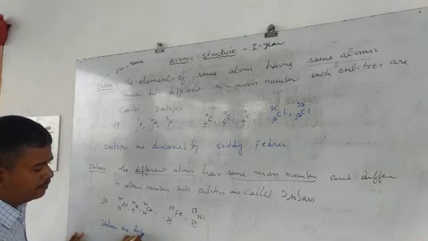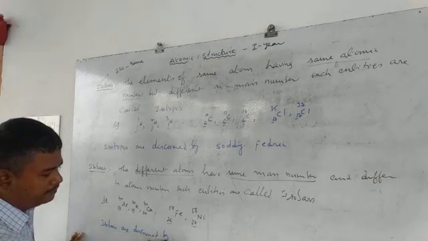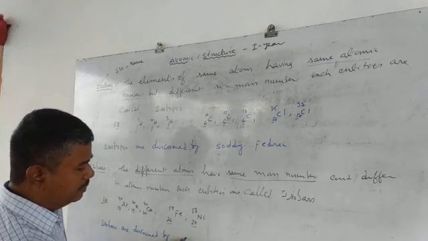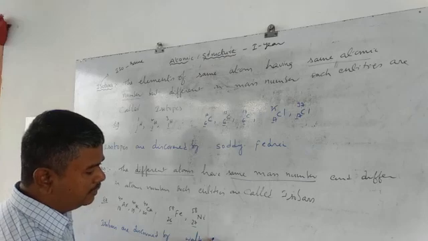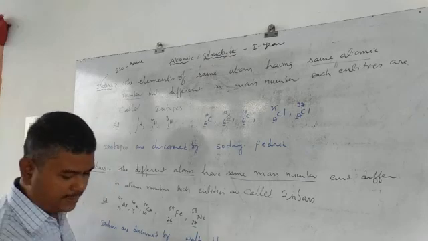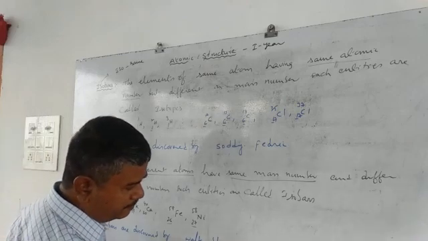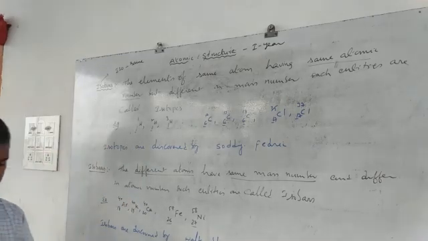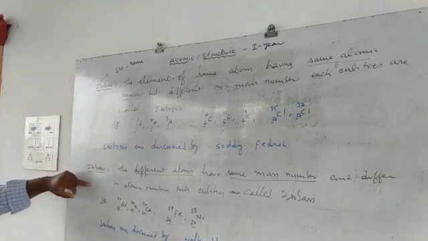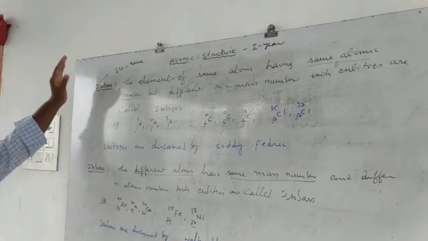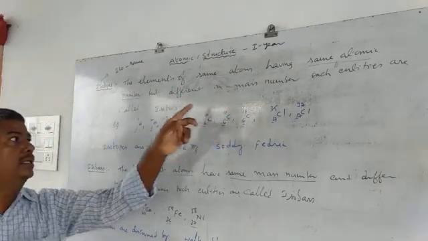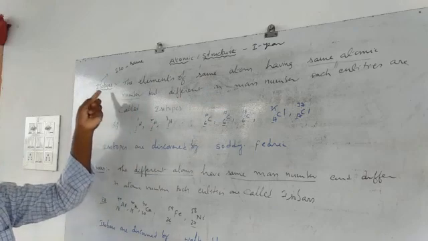Isobars were discovered by which one? Walter Stewart in 1980. So that is the which one? Isotopes and isobars. So isotopes means the same kind of atoms having the same atomic number, different in mass numbers, those are called which one?